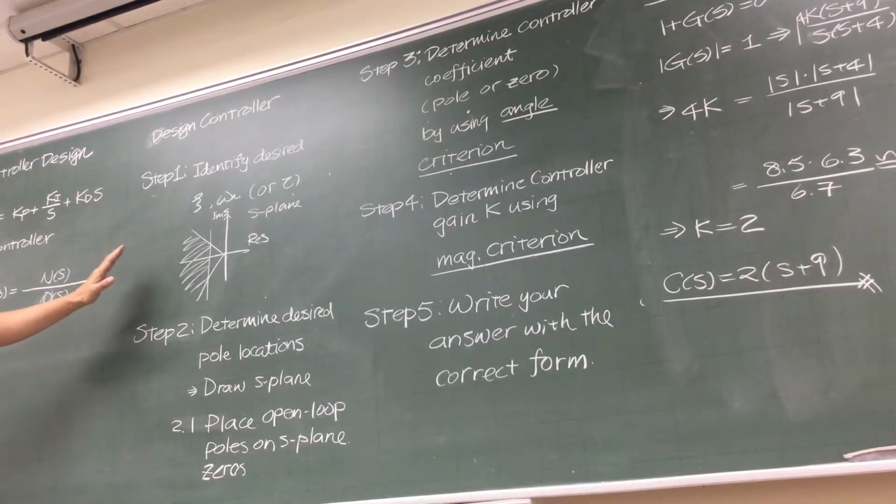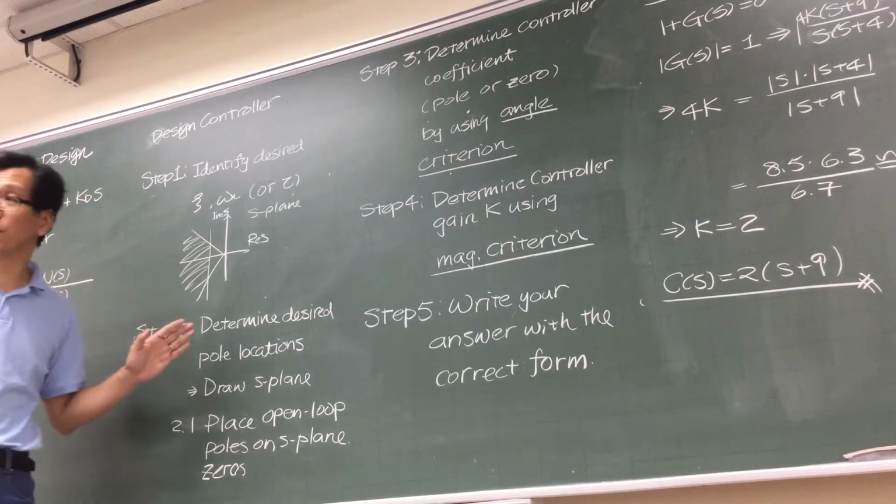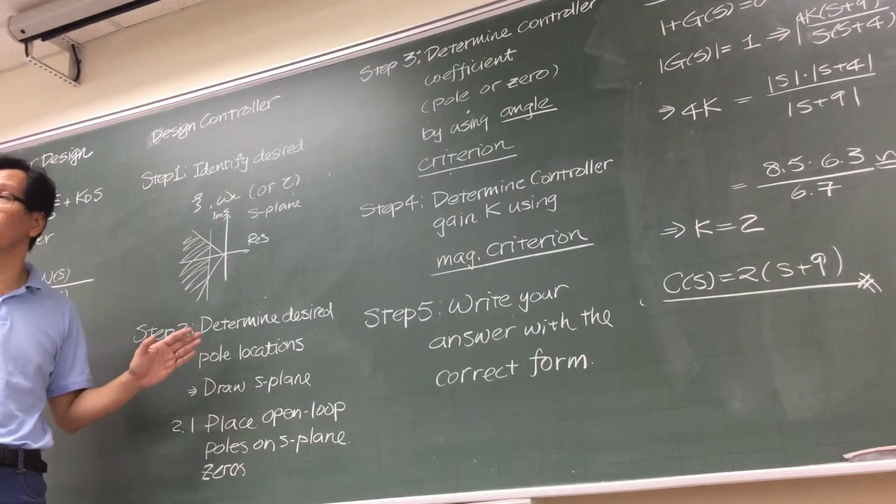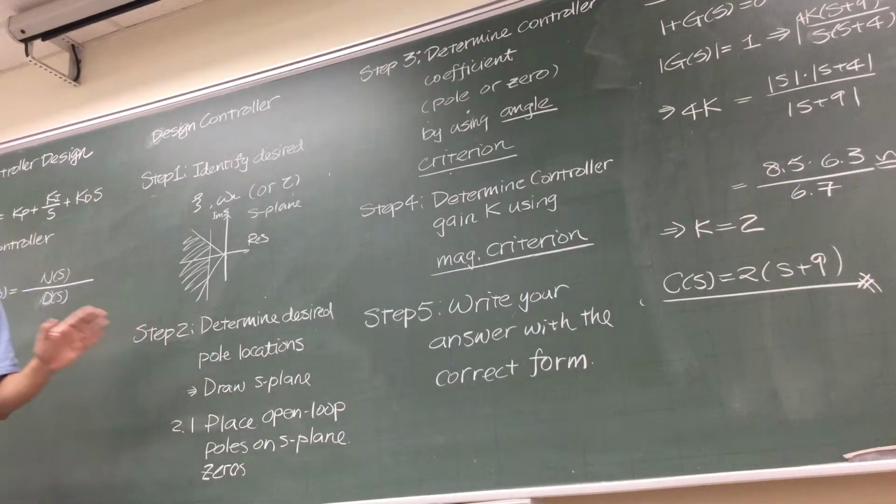We start from S-plane because we need to identify where we want to put our closed loop poles. Then after we put our closed loop poles, we start to determine what we want to do because we might need to use PD controller, we might need to use PI controller, we might need to use PID controller, or you guys really crazy, you want to use multi pole location somewhere, that's fine.